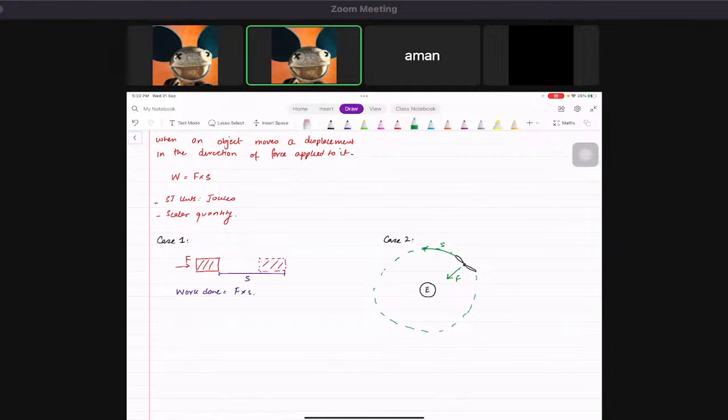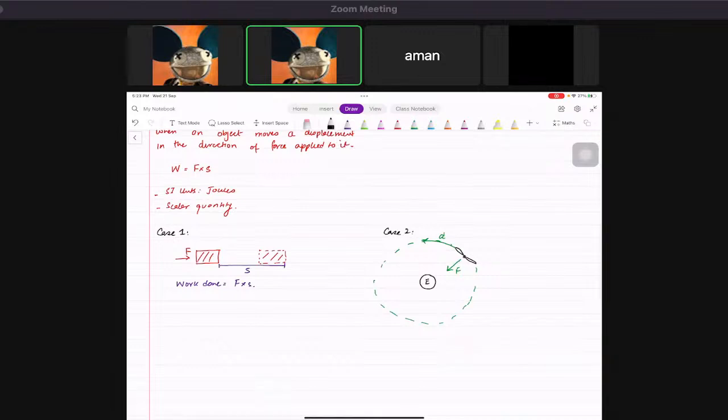So velocity like that, whatever. So here, work done is 0. The reason is that basically it does not cover any displacement parallel to that particular force.